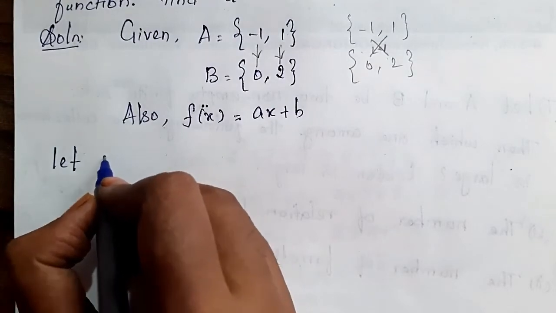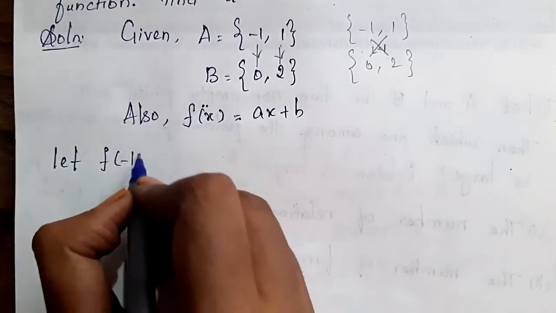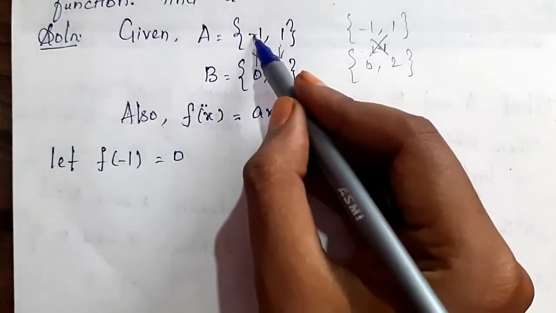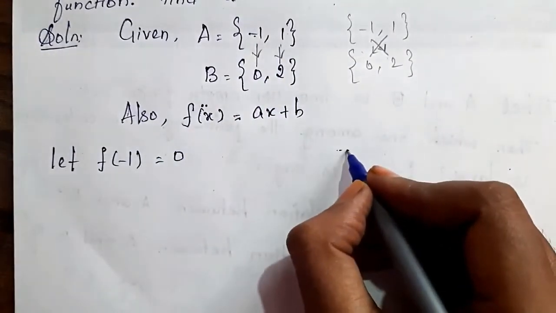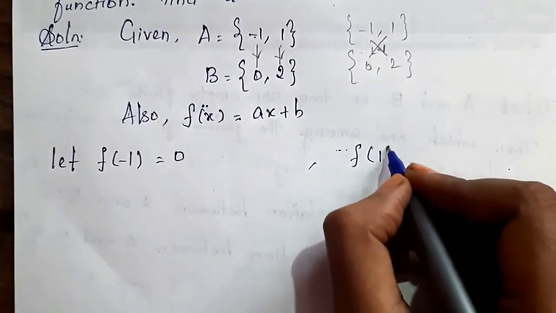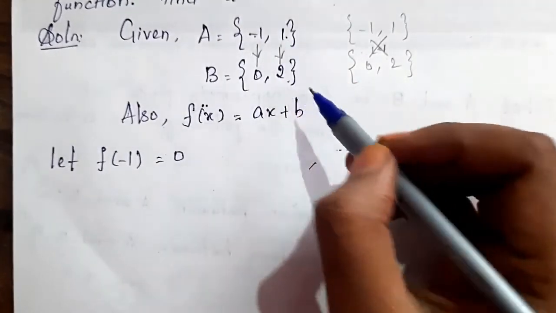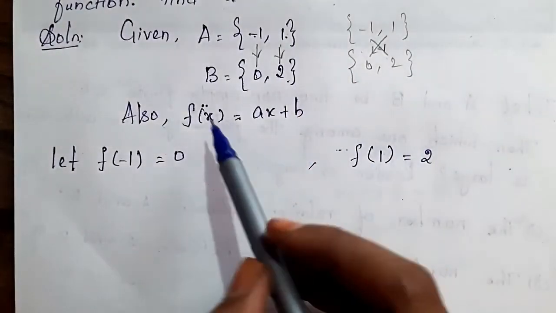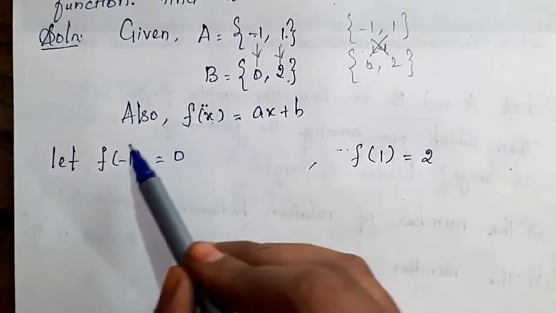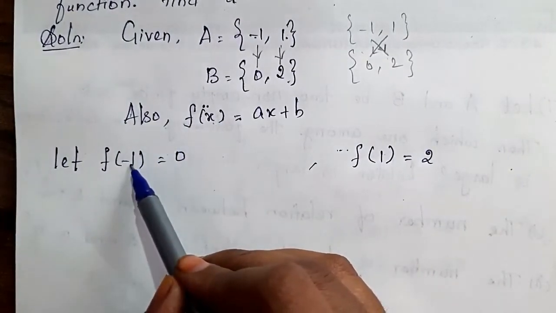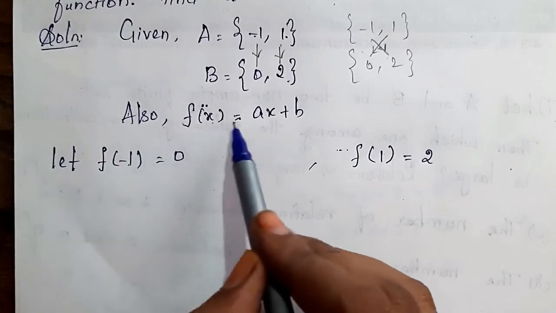Let f(-1) = 0. That means -1 is mapping to 0. Also f(1) = 2. The meaning is 1 is mapping to 2. So in this place of x, we are going to apply -1.